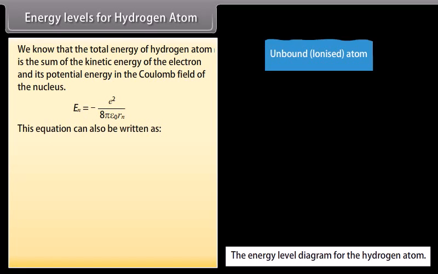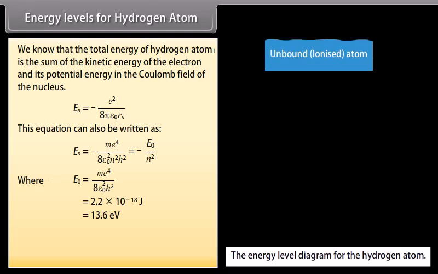This equation can also be written as E_n equals minus m e raised to the power 4 divided by 8 epsilon naught square n square h square, where E naught is equal to m e raised to the power 4 divided by 8 epsilon naught square h square, which is 2.2 into 10 raised to the power minus 18 joule, equal to 13.6 electron volt. The above equation can also be written as E_n equals minus 13.6 upon n square electron volt.